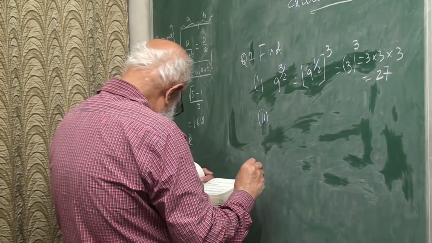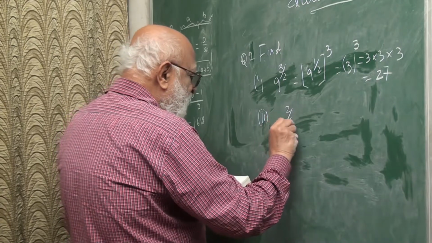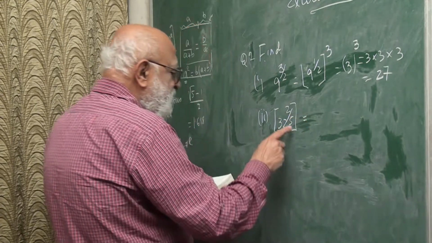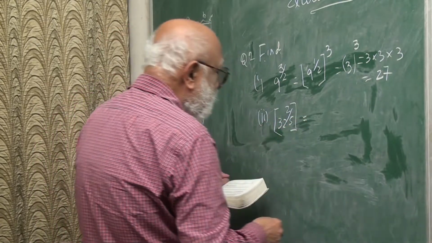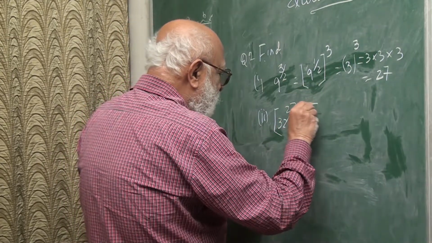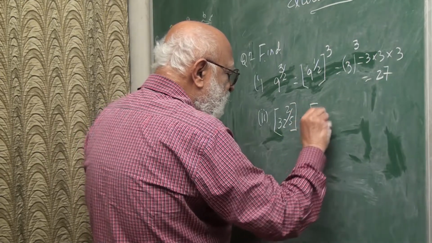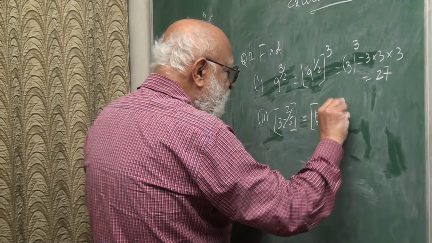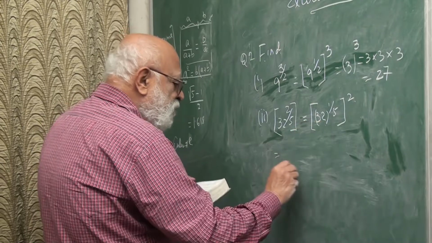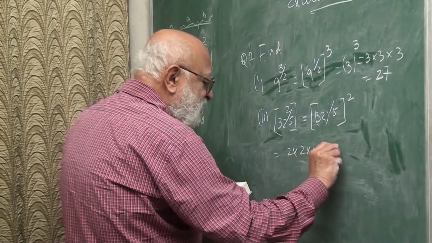Number 2 is 32 to the power 2 by 5. Now again, this is a fifth root and a square. So we have done it differently here, we can do it the other way here also. We will do 32 to the power 1/5 first, then we will square it. That is 2 into 2, as in the previous example.